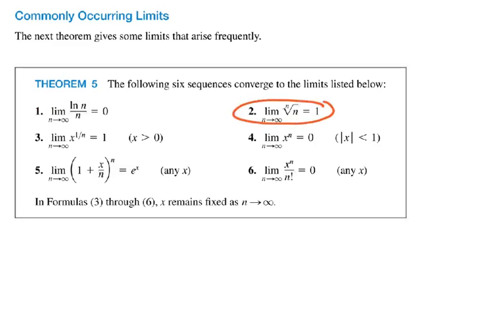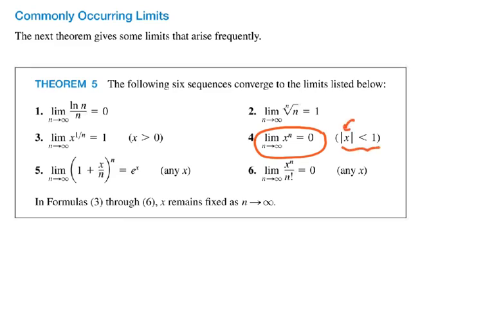The limit as n goes to infinity of the nth root of n is going to equal 1. The limit of x raised to the 1 over n power is going to equal 1 as long as your x is positive. If we're dealing with x raised to the n, that's always going to go to 0 as long as the absolute value of x is less than 1.